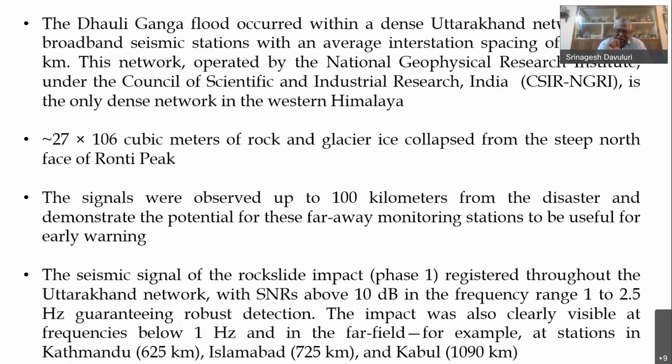This has been set up under the Focus Basic Research Project and the Mission Mode project of the Council of Scientific and Industrial Research to look at the safety and security of vital installations. This network was installed in 2018.